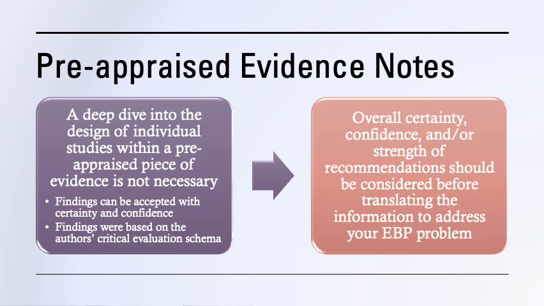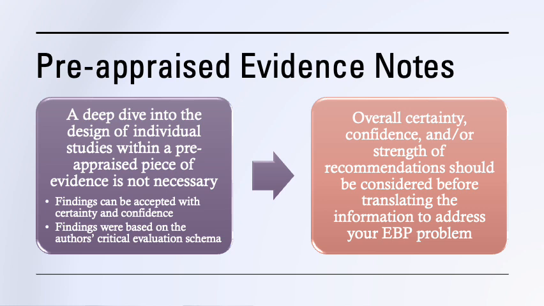A schema is a systematic process and tools used by the authors to appraise the individual studies within the pre-appraised piece of evidence. Thus, the Johns Hopkins model, evidence-based practice, appraisal tools would be an example of an evaluation schema.